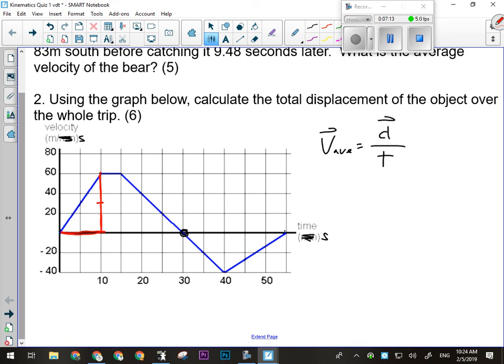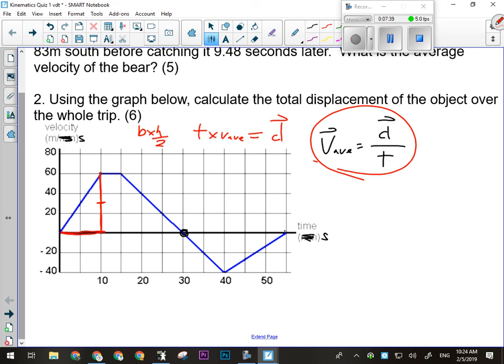The average velocity occurs right here. So when we go base times height divided by 2, what we're really doing is going time times average velocity, which is just a manipulation of that formula for D. So when you calculate those areas, really all you're doing is manipulating v equals d over t for d.